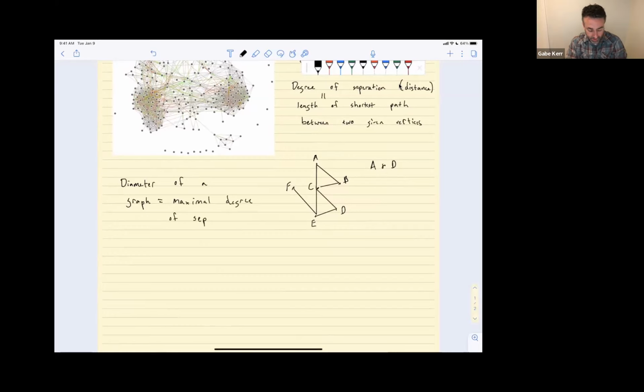So the largest degree of separation that you can find between any two vertices. Sorry, I'm spelling things here. So let me ask what the diameter of this graph is. Think here.